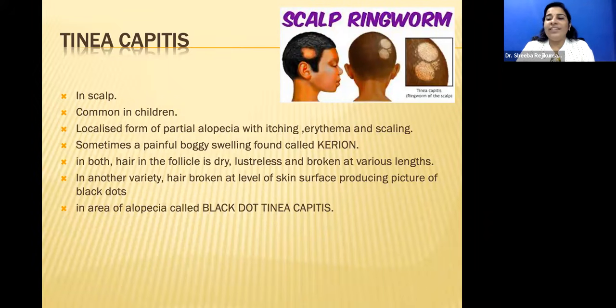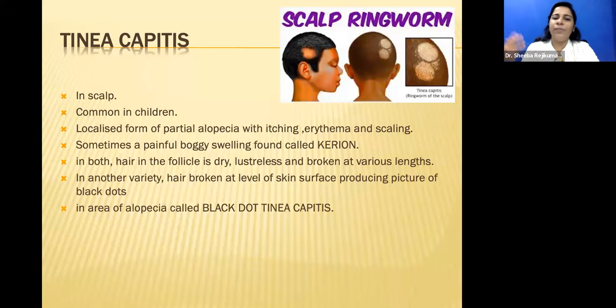Then in both cases, how will you identify what kind of infection it is? So just go through the nature of the hair, how the hair looks. Okay, hair in the follicle will be very dry, lusterless, and broken at various lengths. That's one typical feature of tinea capitis. And in another variety, you'll be seeing something called black dot tinea capitis. You know how it happens? I said hair can be broken in two ways, right?